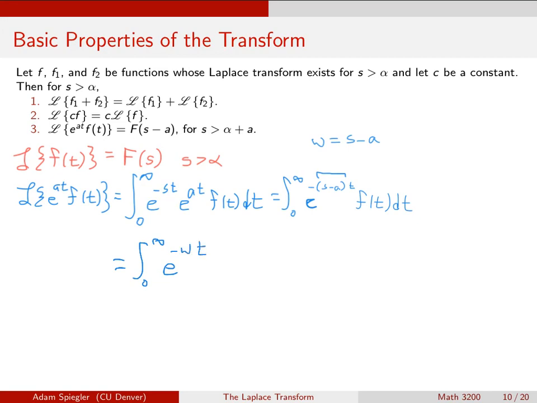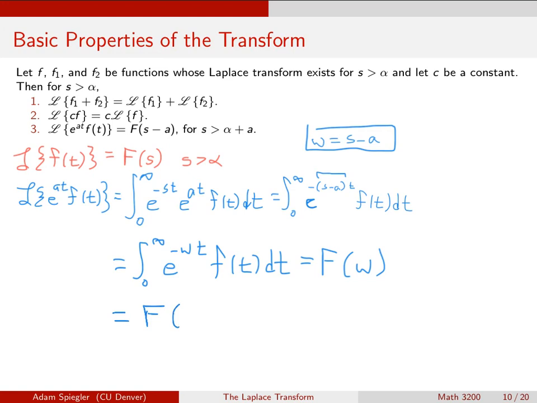So inside I would just get e to the minus w t f of t dt, and this is exactly the Laplace transform of our function lowercase f. The only difference is now this is a function of this variable w that we've defined up here. And we would like to write this as a function of s. So this would give us then, replacing w with how we defined it, s minus a.